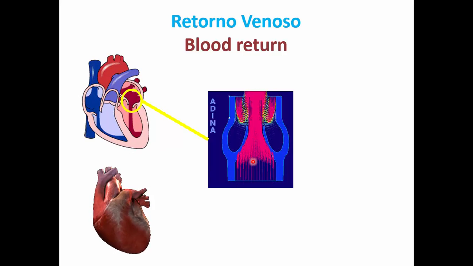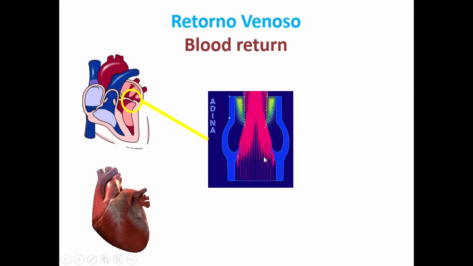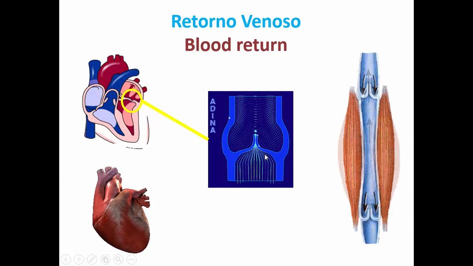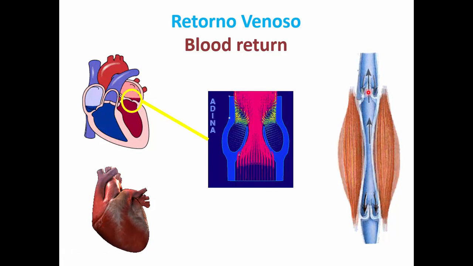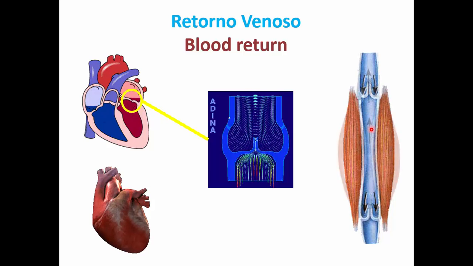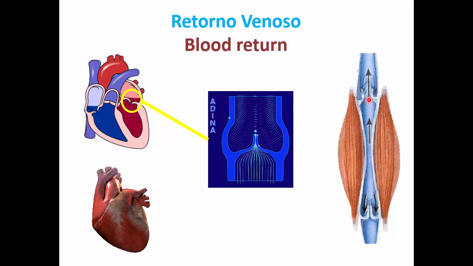And that's very important because this gives one single direction to blood flow. In the case of veins, you have valves, and the blood passes through towards the heart, but doesn't go back.